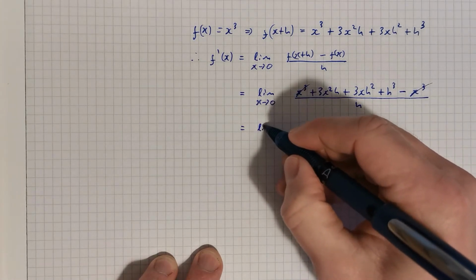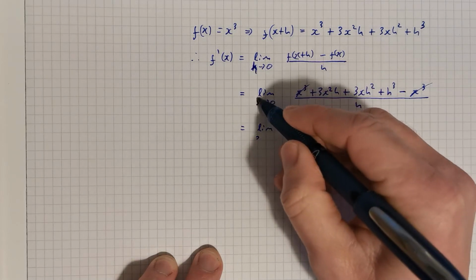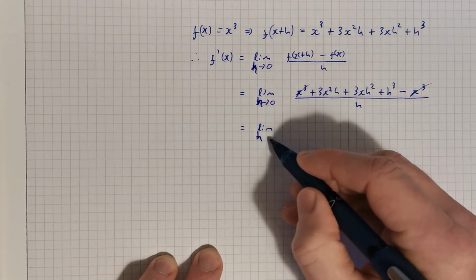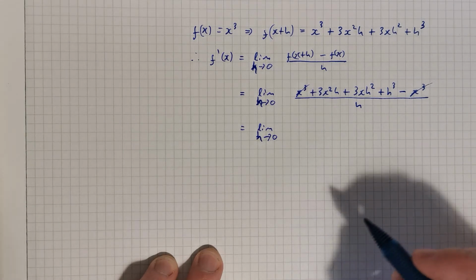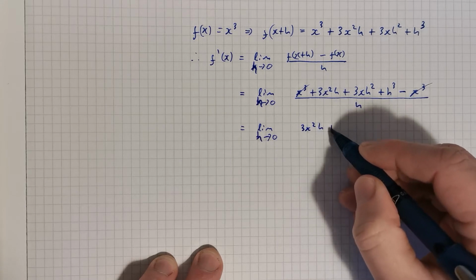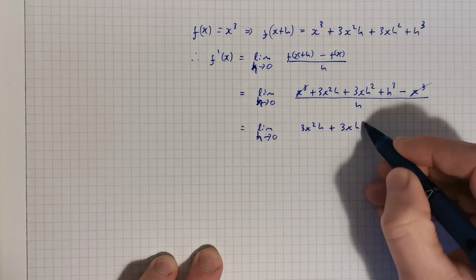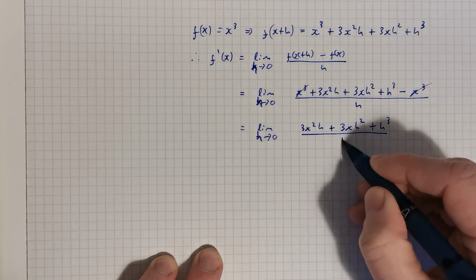So we get the limit as h tends towards 0 of 3x squared h plus 3x h squared plus h cubed all over h.